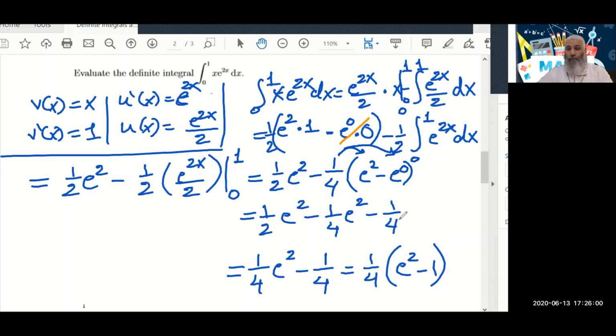Yes, but I understood the step. I'm asking about 1/2 e power 2, because in the next step when you wrote the answer, you didn't write 1/2.